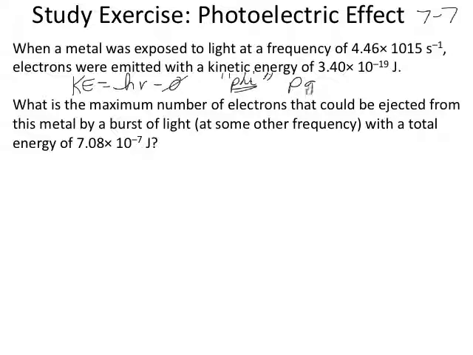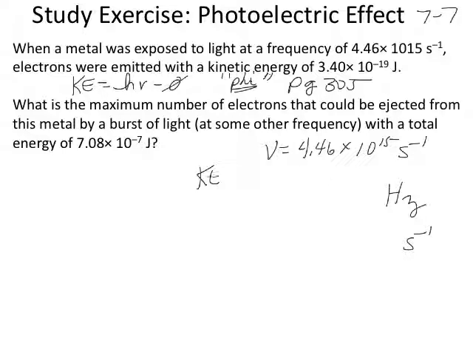This is page 305 that your book talks about it. And what you're given is a frequency, nu, of 4.46 times 10 to the 15th, and that's s to the negative 1. That's hertz. So we don't really deal with hertz. Anytime you get something in hertz, just make it s to the negative 1.